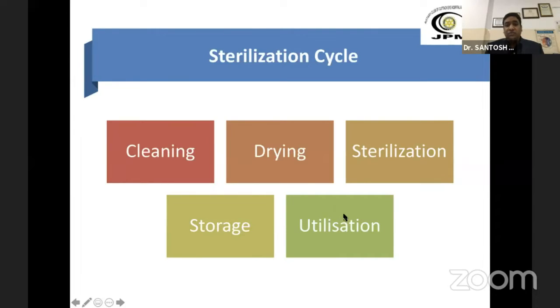Utilization is the process where all the stored items which are already sterilized are utilized inside the OT. Then after utilization, the same process of cleaning, drying, sterilization follows in the cycle. This is called the sterilization cycle and needs to be well documented with an SOP for each OT.